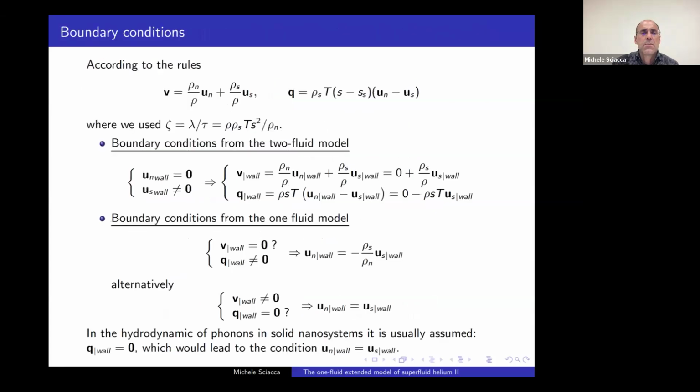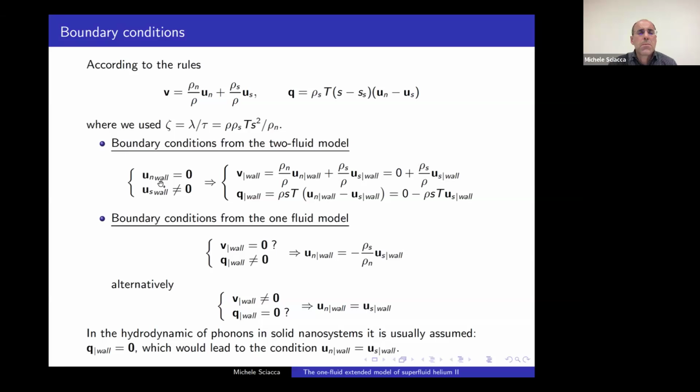There is another interesting situation I want to let you know about: the problem of the boundary condition. If you think from the hydrodynamic point of view, namely in terms of the fluid model, it's quite clear: the normal component is a viscous fluid, so on the wall it is zero. The other one is different from zero.